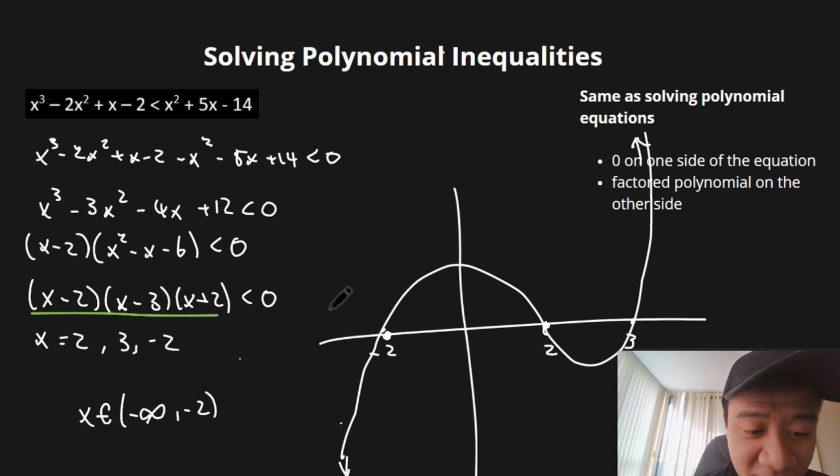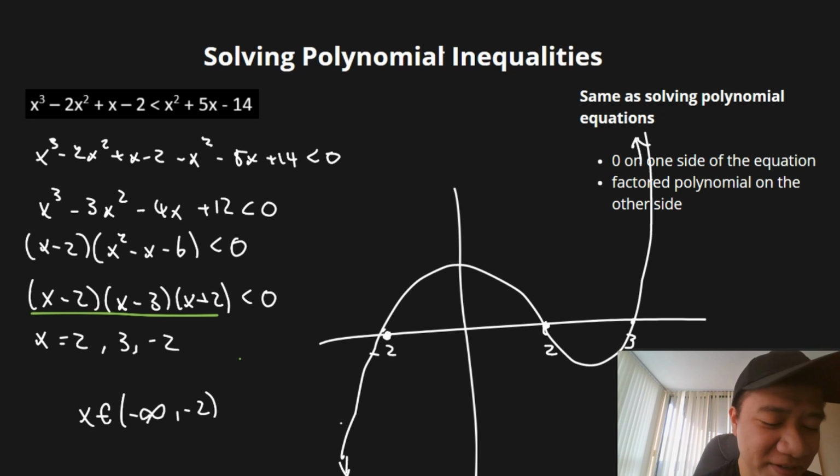And the reason we use round brackets is because round brackets represent all the numbers less than negative 2, but not including this number. And the reason why we don't want to include negative 2 in our solution is because we're looking for numbers that cause this guy to be strictly less than 0. Since negative 2 causes this guy to equal 0, as you can see here, we don't actually want to include negative 2. That's why we use a round bracket.